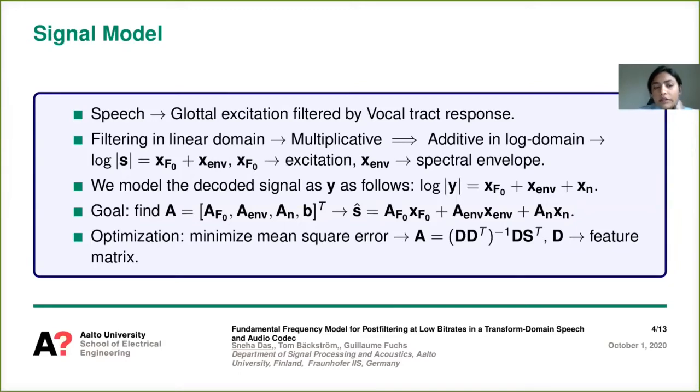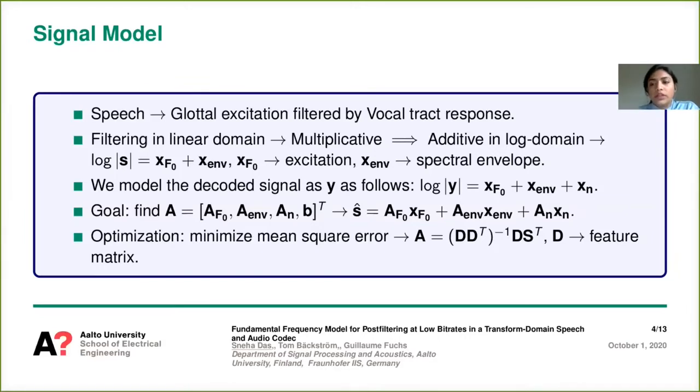So we can write the log magnitude of speech as the summation of the excitation and the spectral envelope model in the log domain. In this work, we propose to model the log magnitude of the decoded signal as a sum of the harmonic model and the spectral envelope.